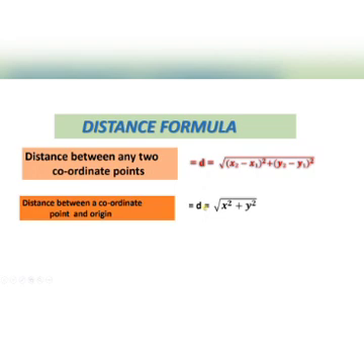So the distance can be calculated using the formula root of x square plus y square. Once again, the coordinates of origin will be 0 and 0. Hence the formula is distance d is equal to root of x square plus y square.